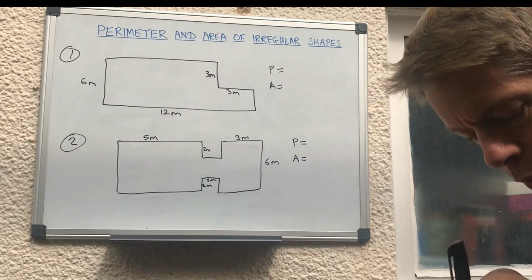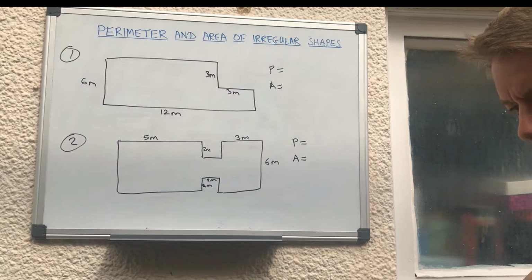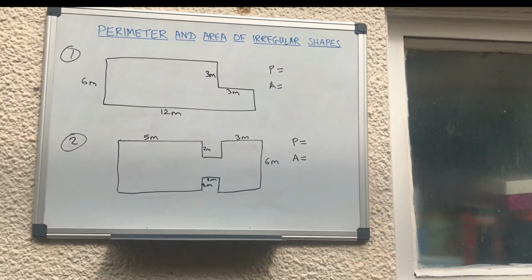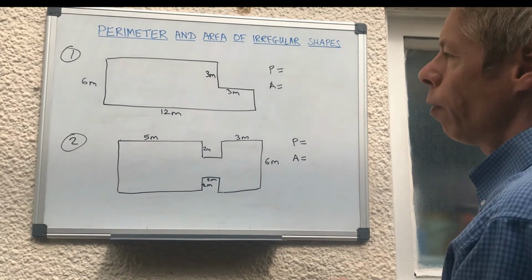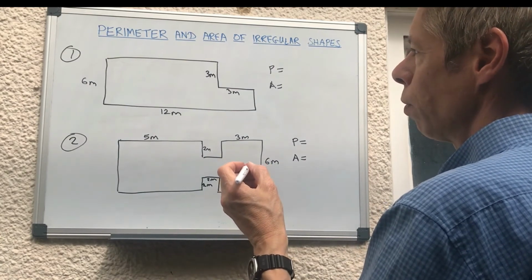Okay, so I'm just going to give you a few seconds in case you're a really quick calculator, but you may need to stop the video at this point. Okay, so perimeter of the first shape. Well, let's put in the other measurements just to make it easier for ourselves.